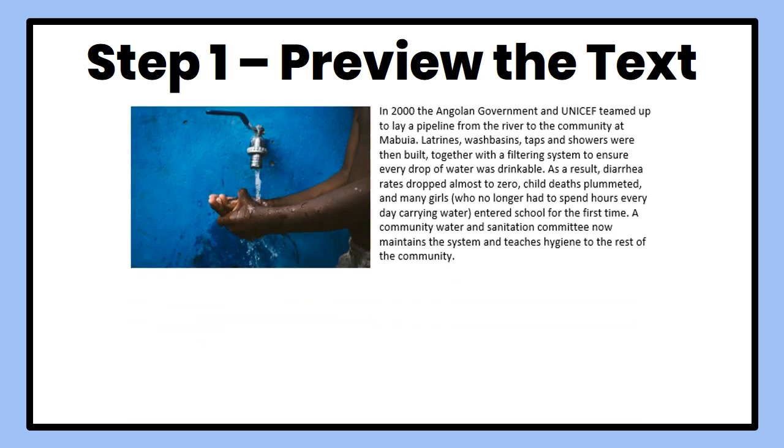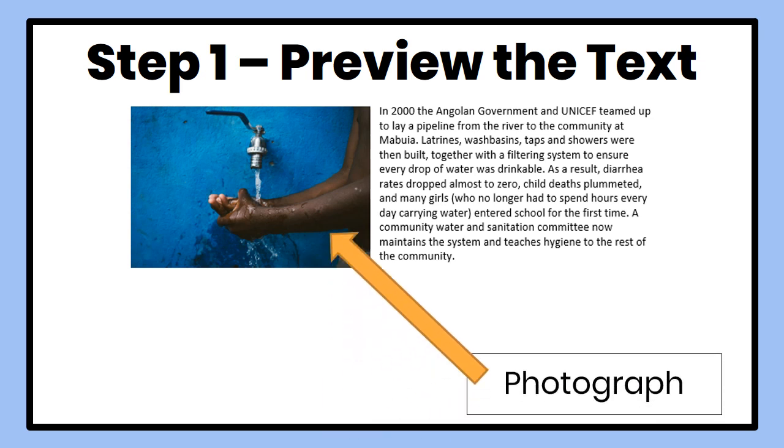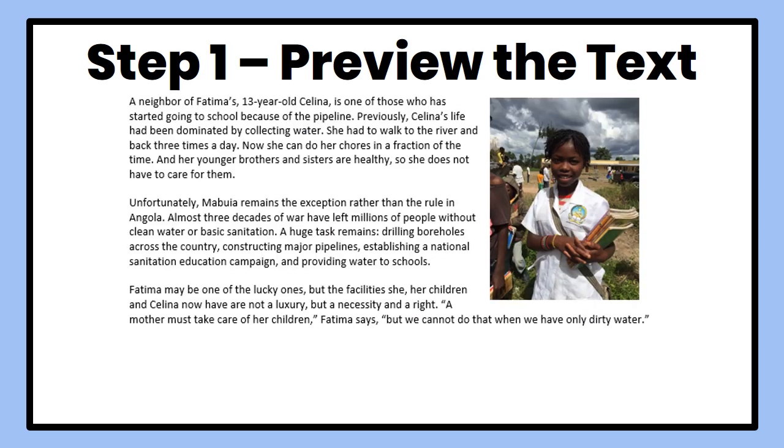Here's the next section of the text. What do you notice about this page? I notice another photograph. This page has a photograph of a water faucet and washing hands. Here's our last page of text.